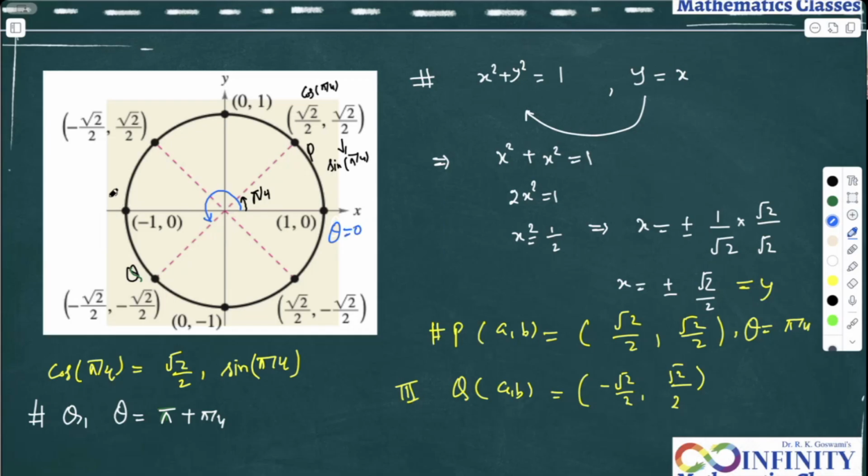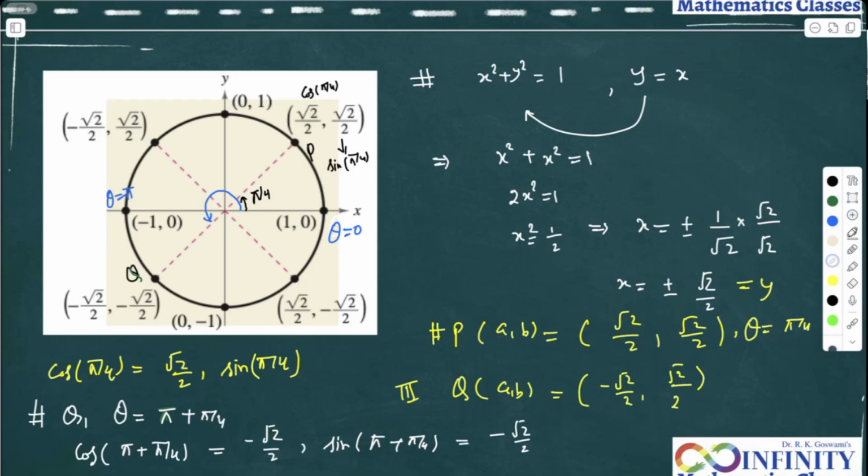At this point, theta was pi, and this is going to be pi by 4 only. So if I ask you, tell me what is the value of cos of pi plus pi by 4. You are going to help me with negative square root of 2 by 2. Any doubt there? No. And similarly, sine of pi plus pi by 4 is going to be the same.